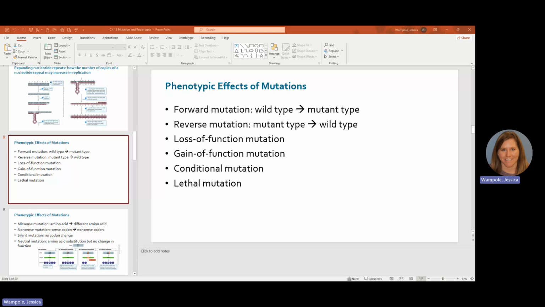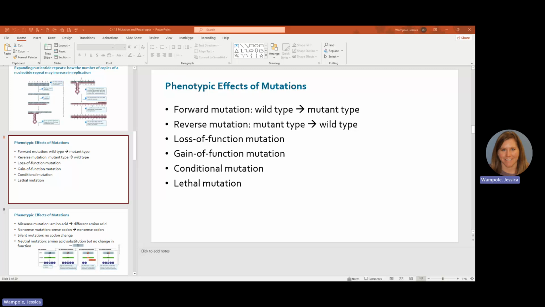Once you get the altered protein, there's a variety of ways that the phenotypic effects of that mutation can show up. If you recall, at some point we defined wild type versus mutant. Wild type is basically the normal or the most common in a population.